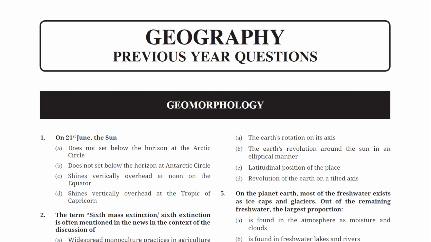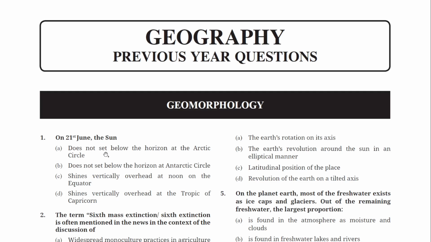So on 21st June, what does happen? This is about equinoxes. The sun is directly overhead at high noon on the equator twice per year at the two equinoxes. On the Arctic Circle, the sun does not set at all on the summer solstice, which occurs on 21st June. On that one day, the sun traces a complete circle just above the horizon as the earth rotates.